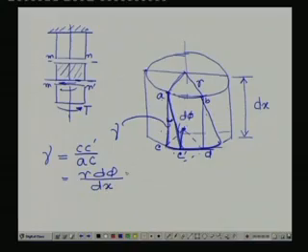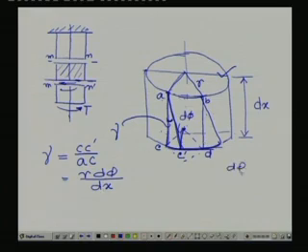Now, this is the angle of twist, that is, how much this face is rotating by virtue of applying this torsion T. Now, d phi is proportional to dx.